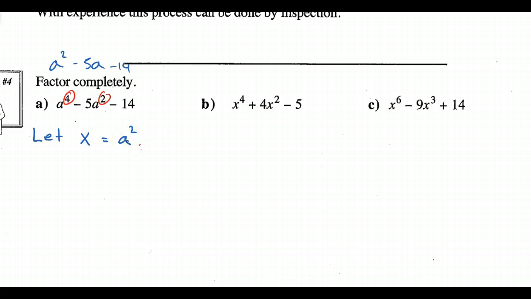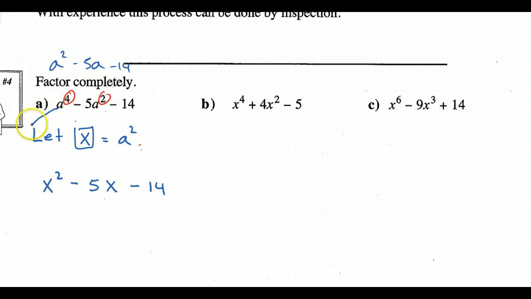Stay with me here. If I let x equal a squared, I'm going to replace all the a squareds with x. So here I would have x squared, because I have a squared times a squared, minus 5x minus 14.